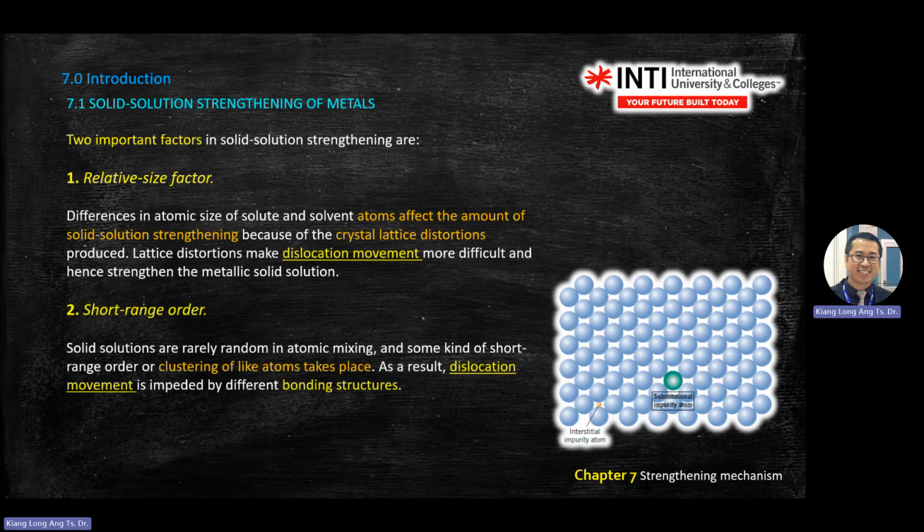So when you do solid solution strengthening, we look at metals. There are two things that you need to consider: one is relative size and the other is short range order. Short range order is more on the bonding.